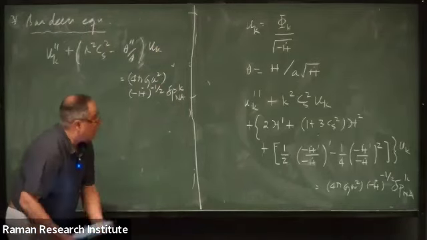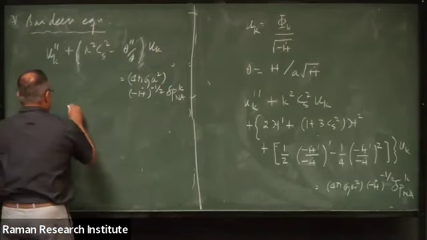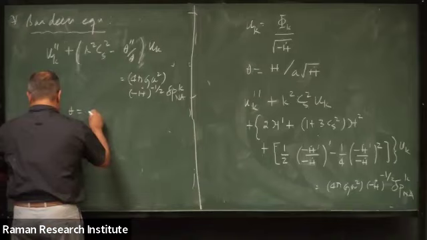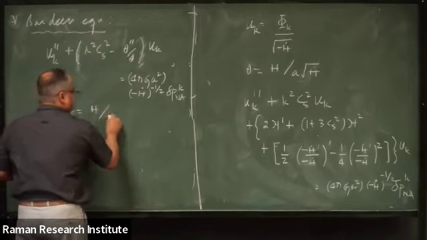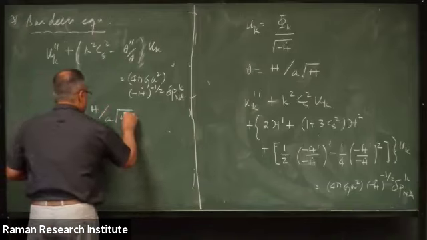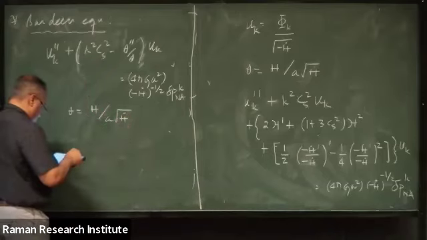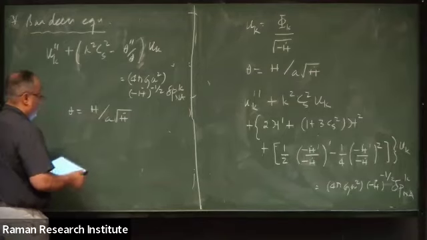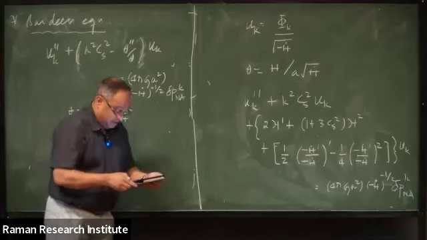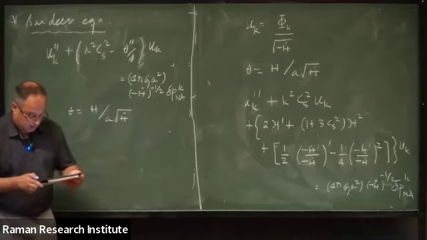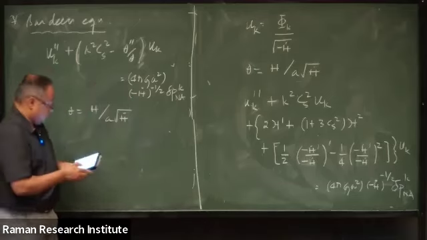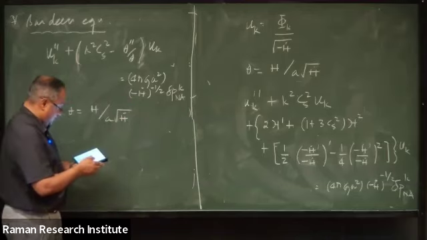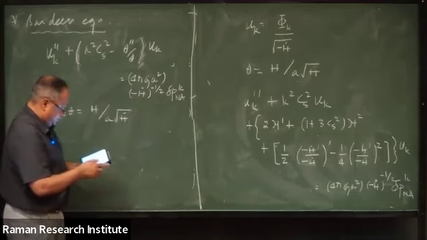Where theta is given by H by A root H dot. Okay, I hope I got that right. Yes. Okay, this is the equation. And you can write this as, yeah, that's correct.